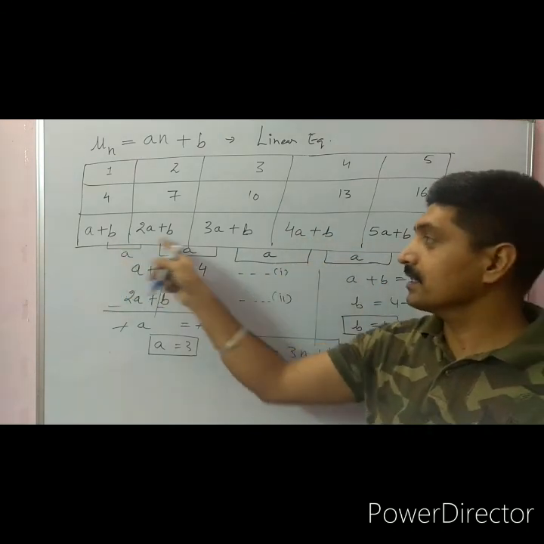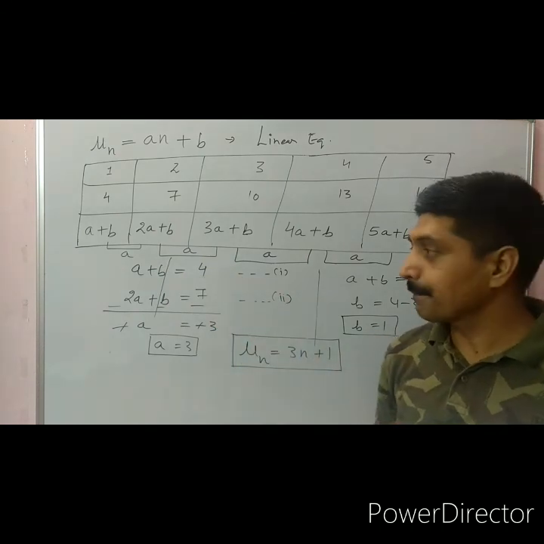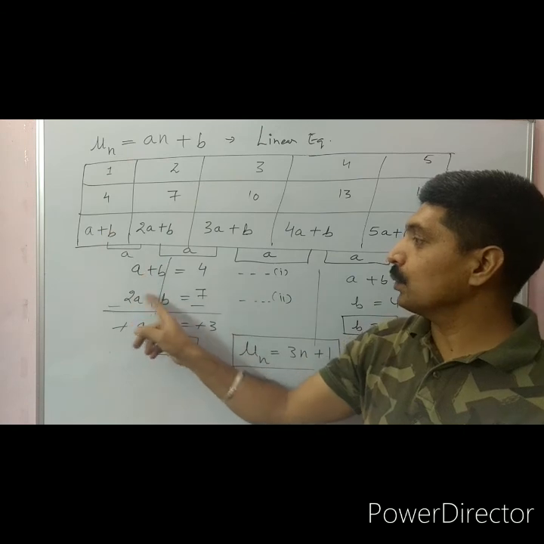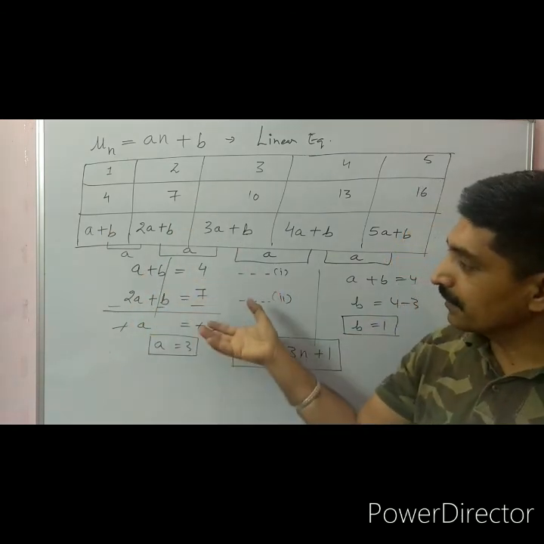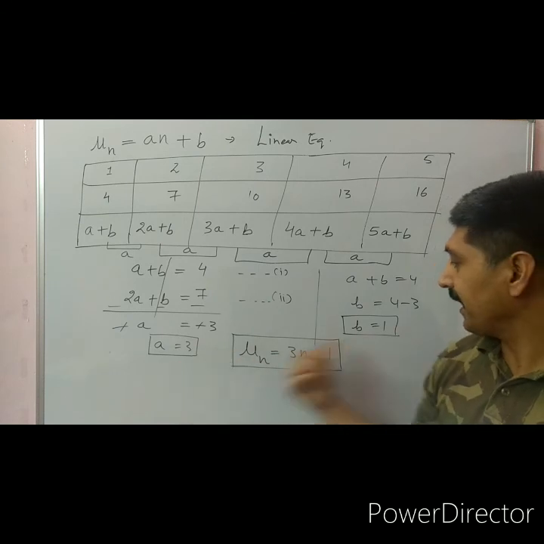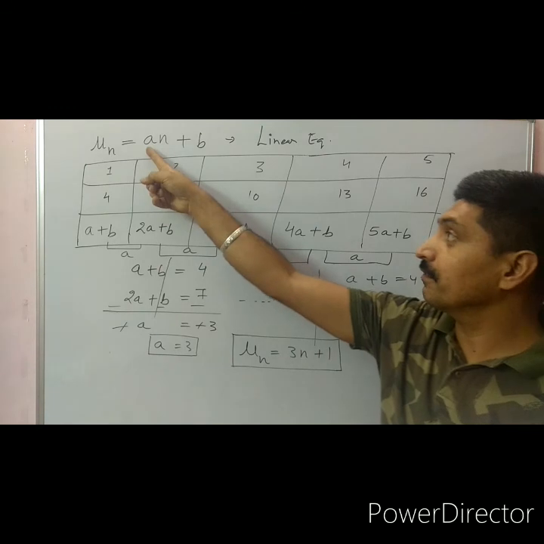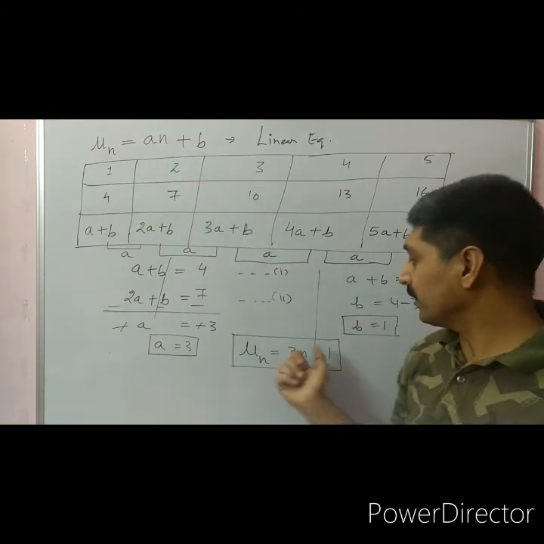And we know in such a sequence the common difference is always the same. So here we will put a plus b is equal to 4 and 2a plus b is equal to 7, and solving these pair of linear equations we get a and b. Substituting the value of a, which is 3, so the nth term is 3n plus 1.